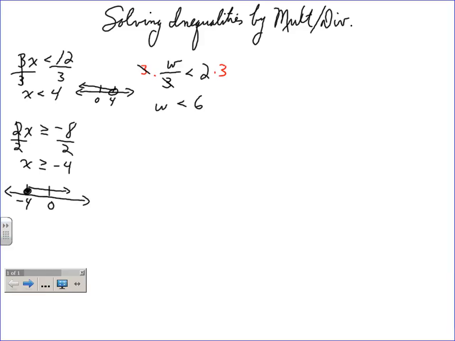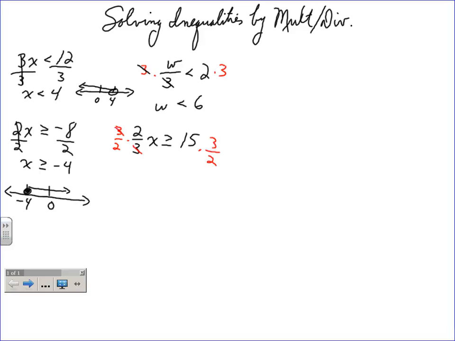If I had 2/3 x is greater than or equal to 15, Austin, what do we do there? What do we do to get rid of that 2/3? Multiplied by what? You're right, multiply by the reciprocal. Very good. So we're going to multiply by 3 over 2 on both sides.